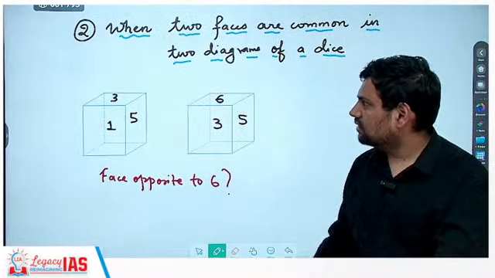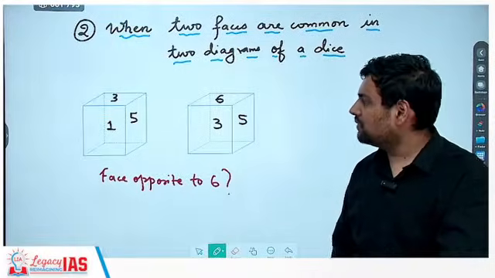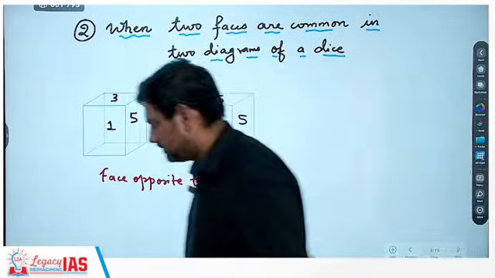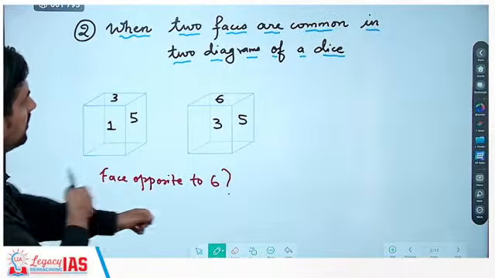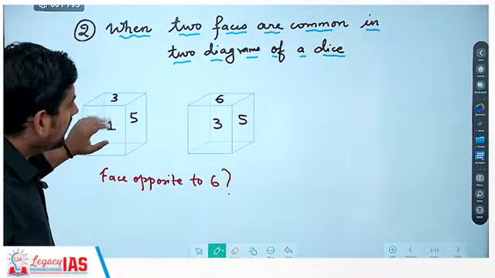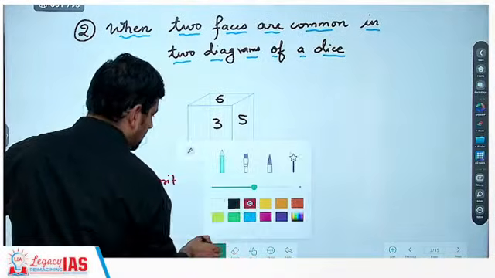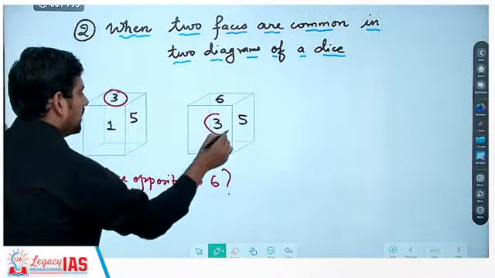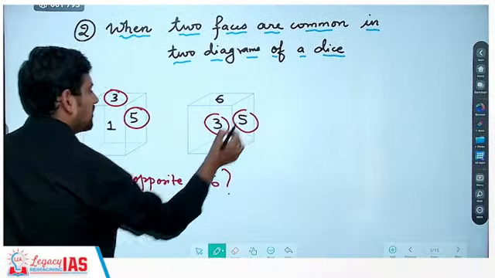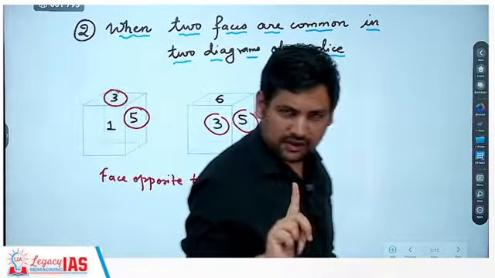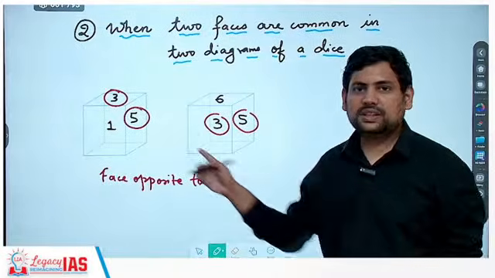Now if two faces are common in two diagrams, what do you do then? If you see here, 3 is here also, 5 is here also, correct? So this is not one face common, this is actually two faces being common.